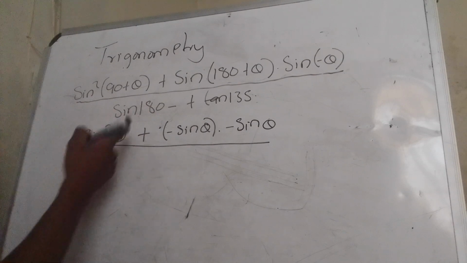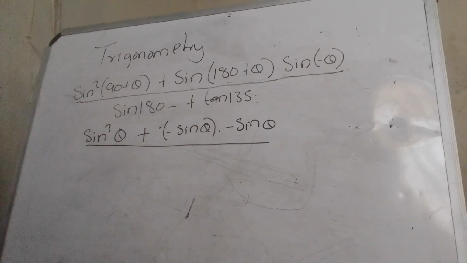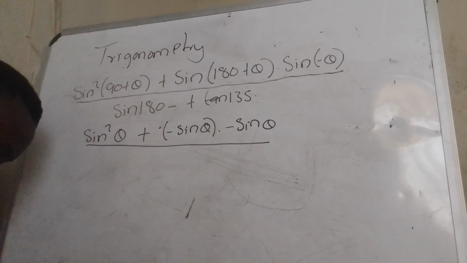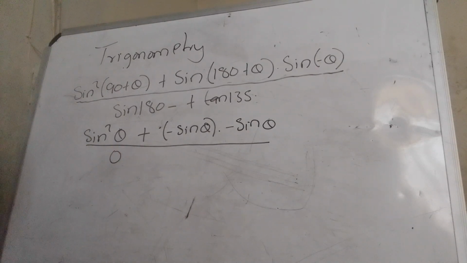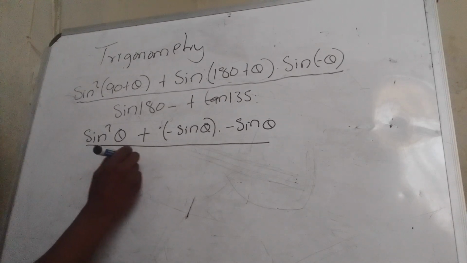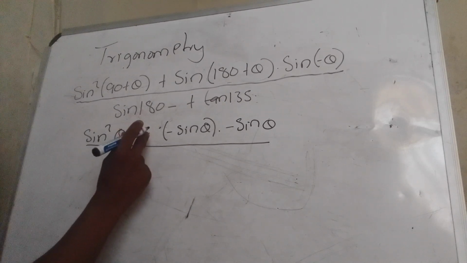180. Okay, this is a special angle. You can straight punch it on your calculator. It's sine 180, it's going to be 0. Sine 180 is going to give us 0, minus.